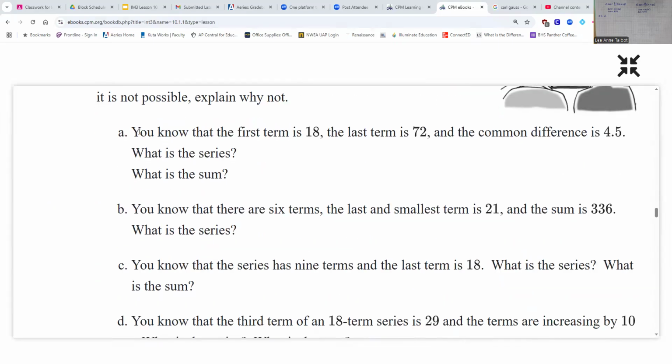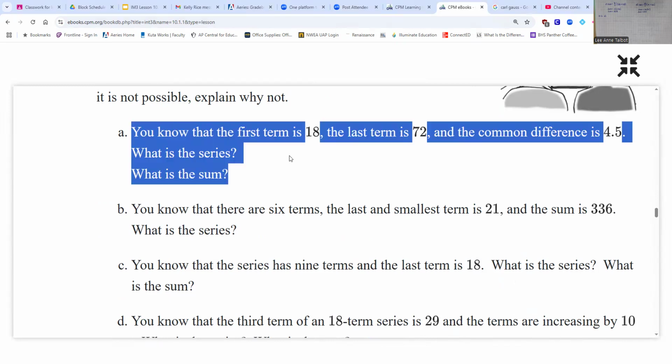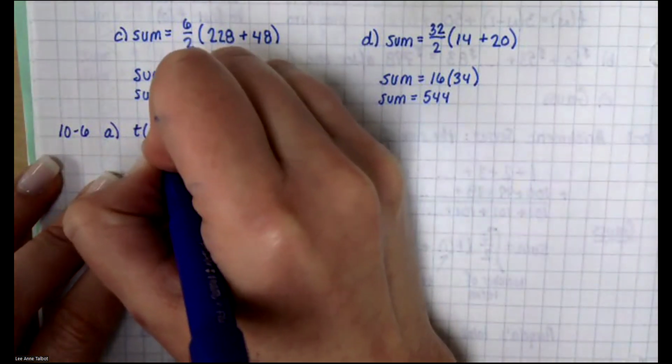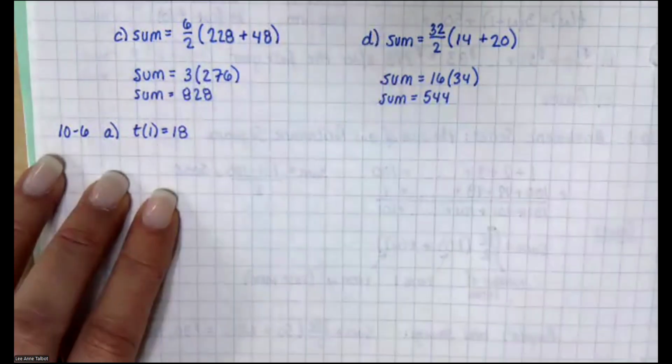Okay, we're right here. You know that the first term is 18. The last term is 72, and the common difference is 4.5. What is the series? What is the sum? Okay, we're going to start with this. You know the first term is 18. So that means you write first term is 18.